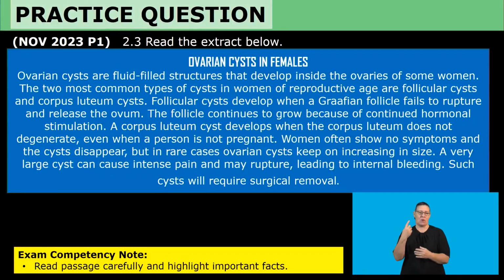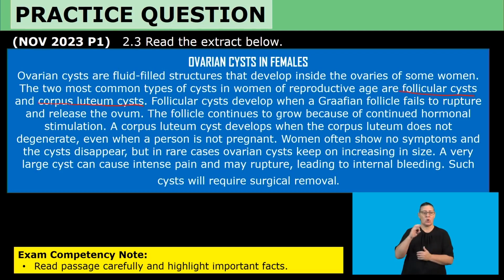November 2023, paper 1, read the extract below. Ovarian cyst in females. Ovarian cysts are fluid-filled structures that develop inside the ovaries of some women. The two most common types of cysts in women of reproductive age are follicular cysts and corpus luteum cysts. Follicular cysts develop when a Graafian follicle fails to rupture and release the ovum. The follicle continues to grow because of continued hormonal stimulation.